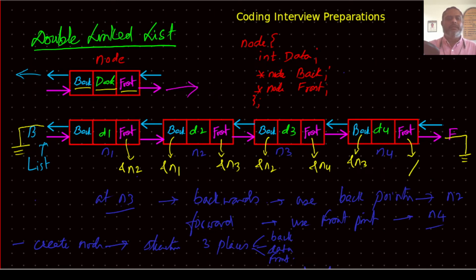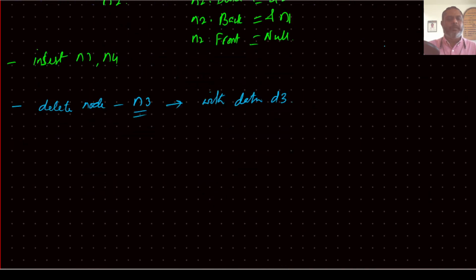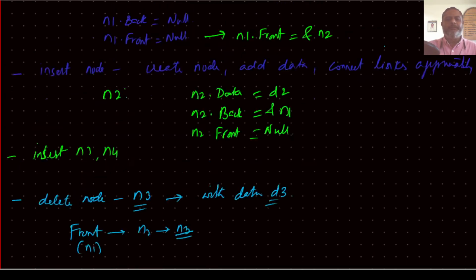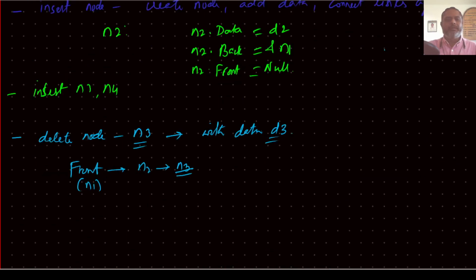So we have started from the front, that is N1, and then went to N2, then went to N3 where we found D3. So this N3 has got two pointers, one showing to the back, one showing to the front.